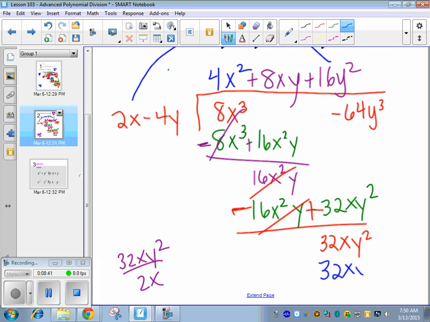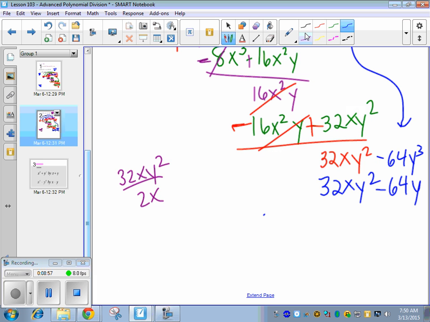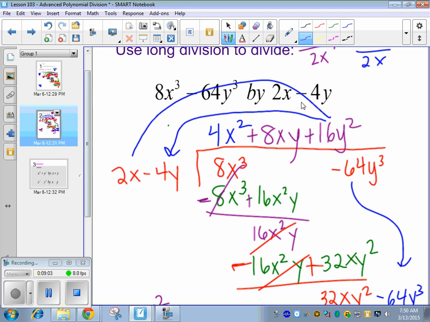Good. Natalie, what do I get when I multiply this times this? Negative 64y cubed. Good. We can bring this down, negative 64y cubed, because our next step is to change the signs. Negative, positive, and we get 0. So we're done, and we get our answer.